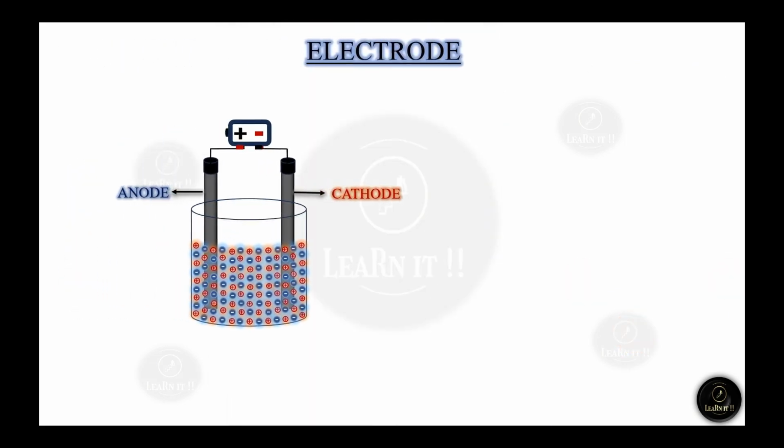At electrode, the terminal which is connected to negative part of the battery is called as cathode. The terminal or the electrode which is connected to positive terminal of the battery is called as anode. So at cathode, deposition takes place.